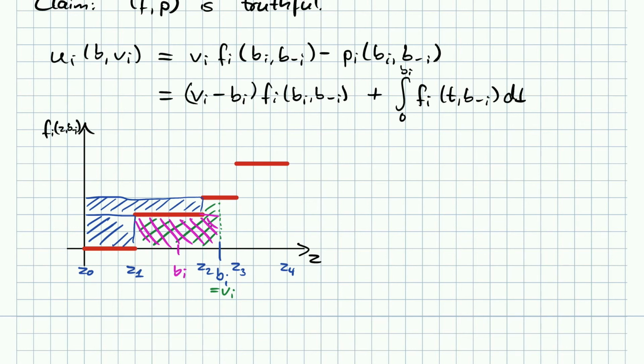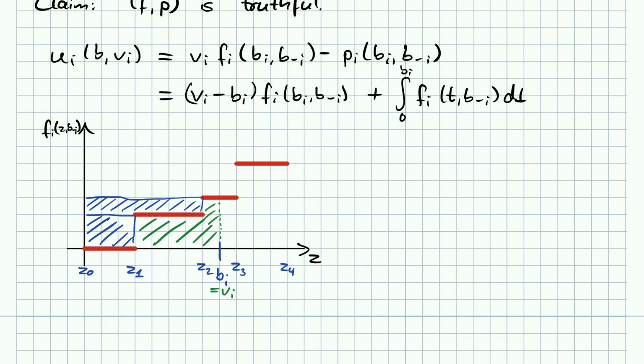Why that? Because we're getting the area below the curve up to bi, and then vi minus bi times the height of the curve. But what you see is that we're losing this bit up here. So this is why you don't want to underbid.